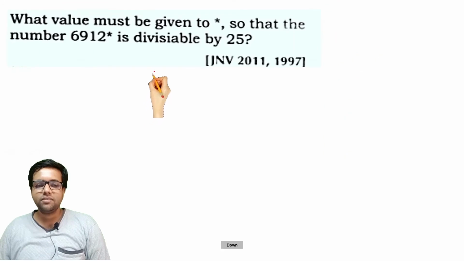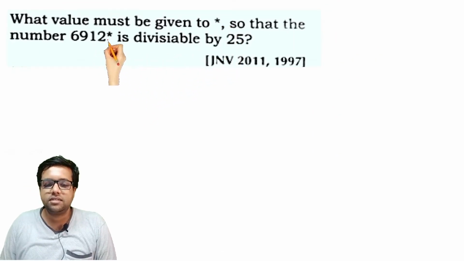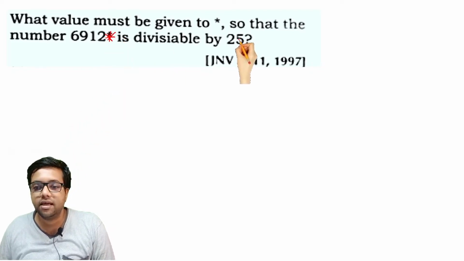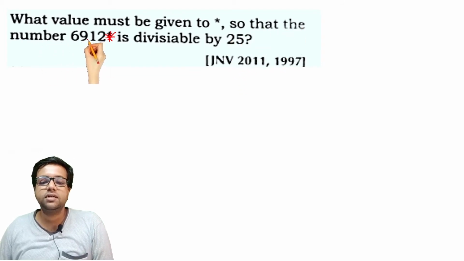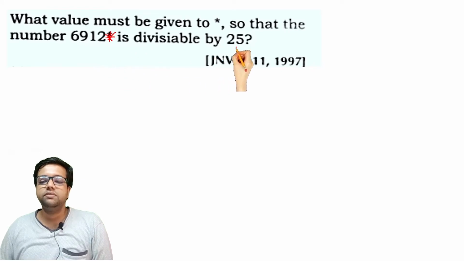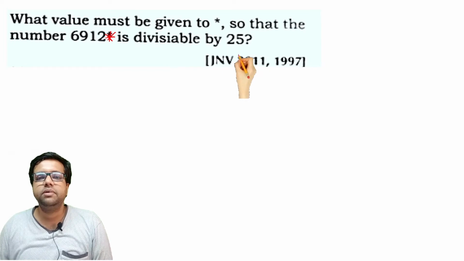Okay, what value must be given to the star mark? What digit has to be placed there so that the number 69,120 star is divisible by 25? You know the divisibility rule for 25.